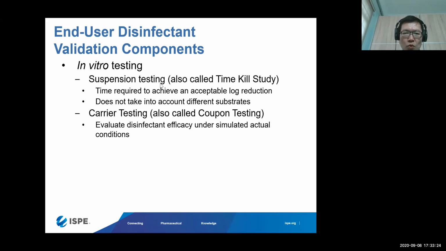It can compare the time required to achieve an acceptable log reduction, the contact time as well. But this test does not take into account the different substrates. So it is not a simulation of the actual cleanroom conditions, but rather a screening tool for you to quickly know the efficacy of the different disinfectants.